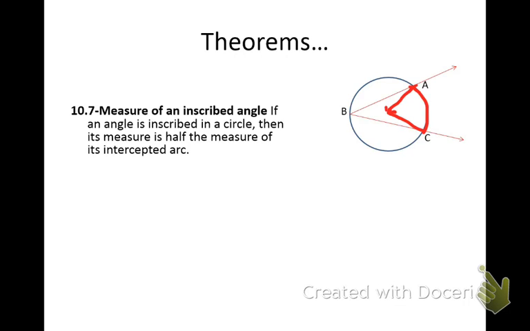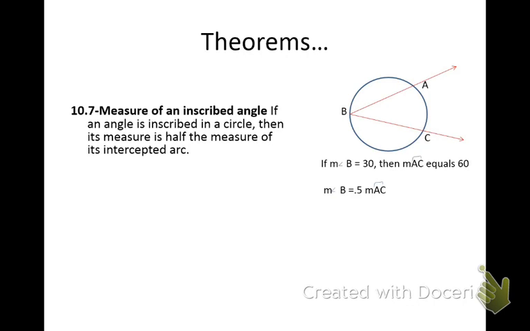Anybody? Kennedy, what's the central angle? Okay, it's the same. Central angle is the same as the intercepted arc. The inscribed angle is half. The inscribed angle would be the blue. It's half. Don't confuse that, okay? Make sure central angle is the same. Inscribed angle is half the intercepted arc. Don't get those confused.